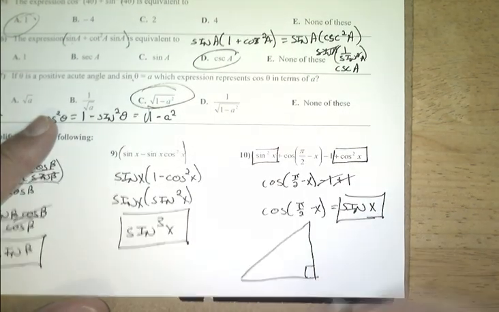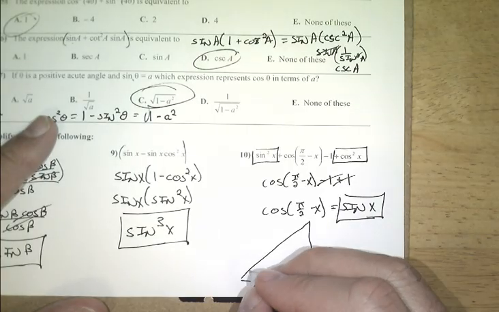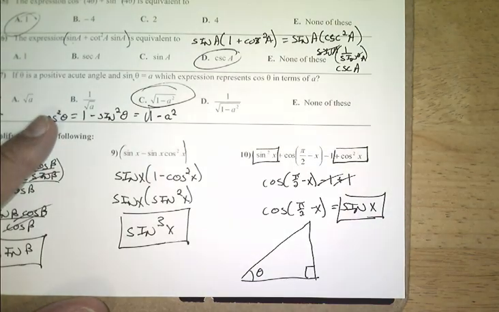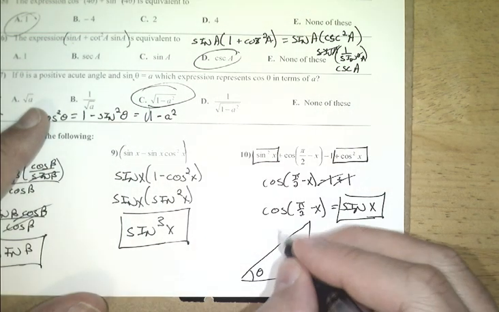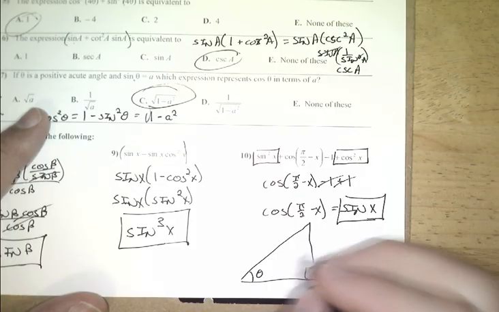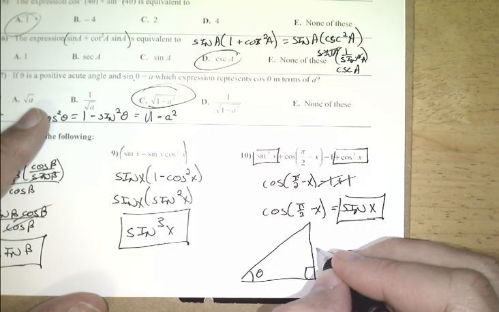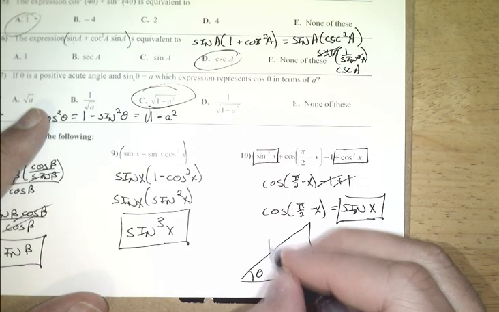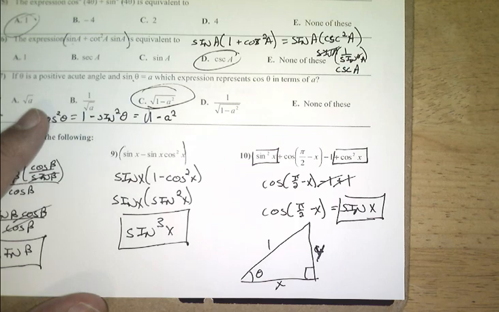But let's say I have a right triangle, and we'll call this angle theta, or x, or whatever. And in this case, we'll call this one y, call that x, and then we'll just call that 1.